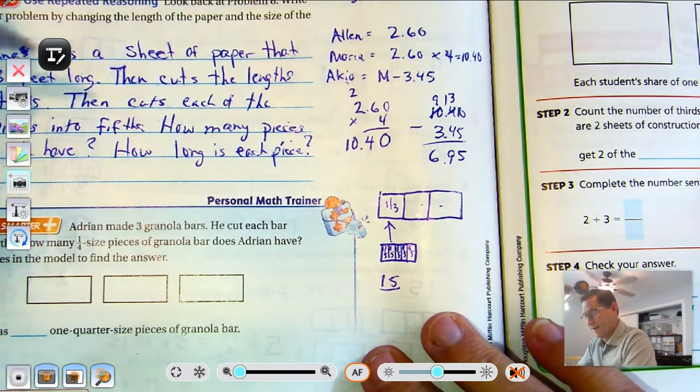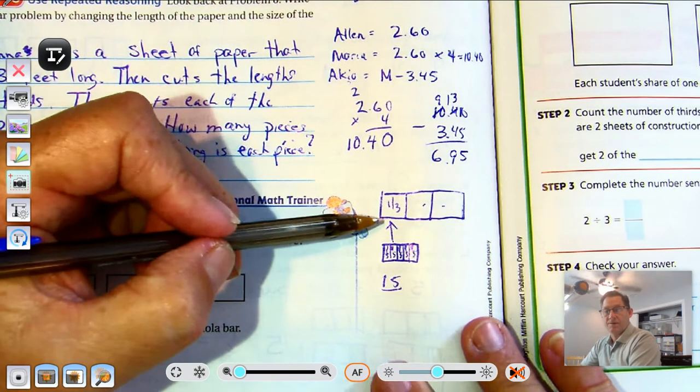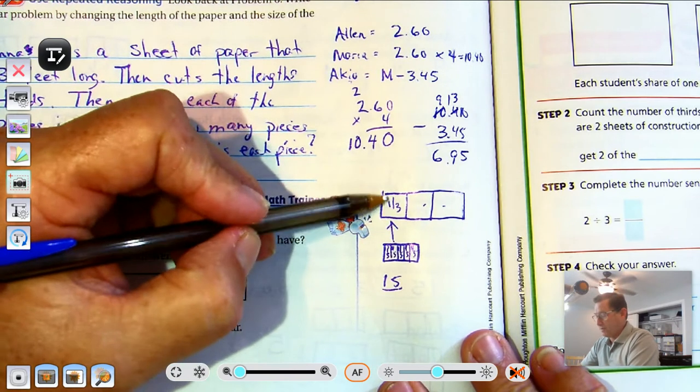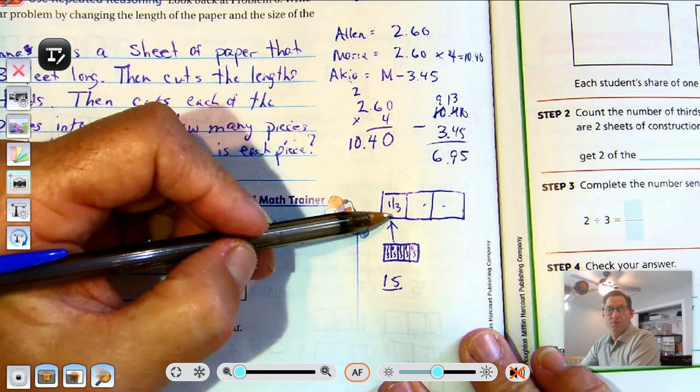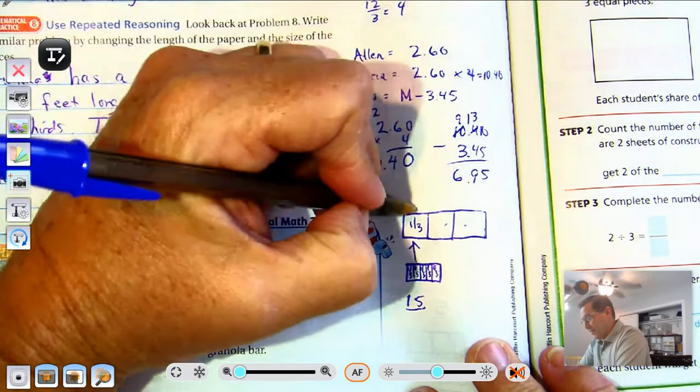So how much would we have? All right, so let me back up here. I'm sorry. So we took one of the thirds, all right? So 1/3 of the 3 feet.